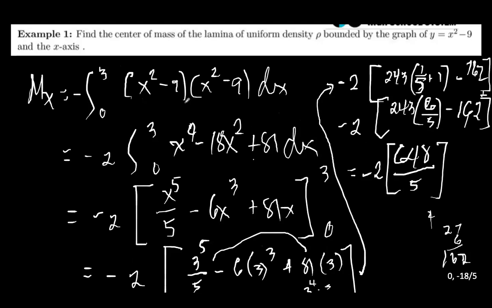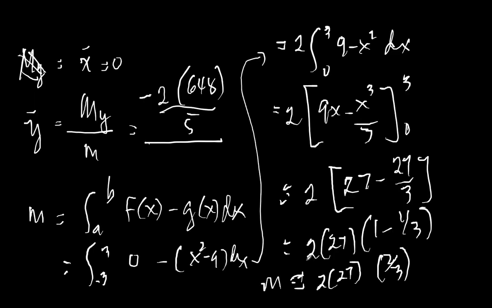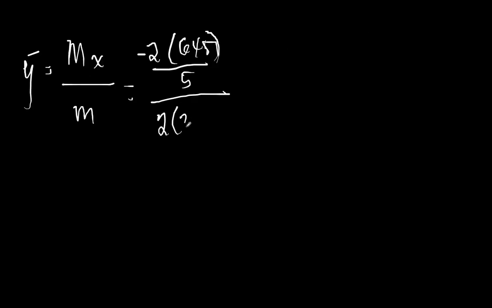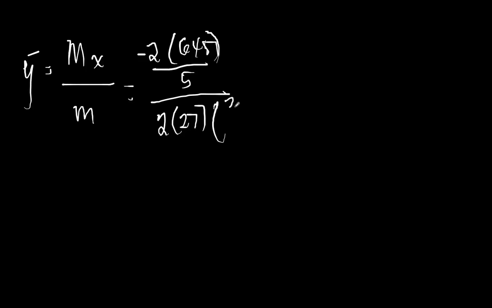So y bar is equal to m sub x over m, and m sub x is equal to 2. What's the value of that? -2, right? -2 times 648, that's 8, over 5, over, that's what's m? 27 times 2/3.